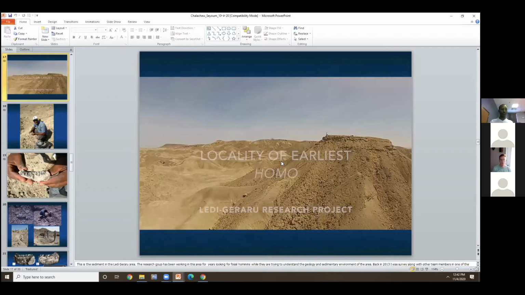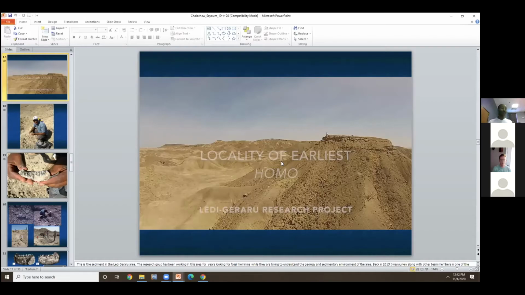We involve many scientists and local young scholars from Ethiopia, in finding fossils and giving us protection at the same time. So we do survey, and that's our daily routine in the field.